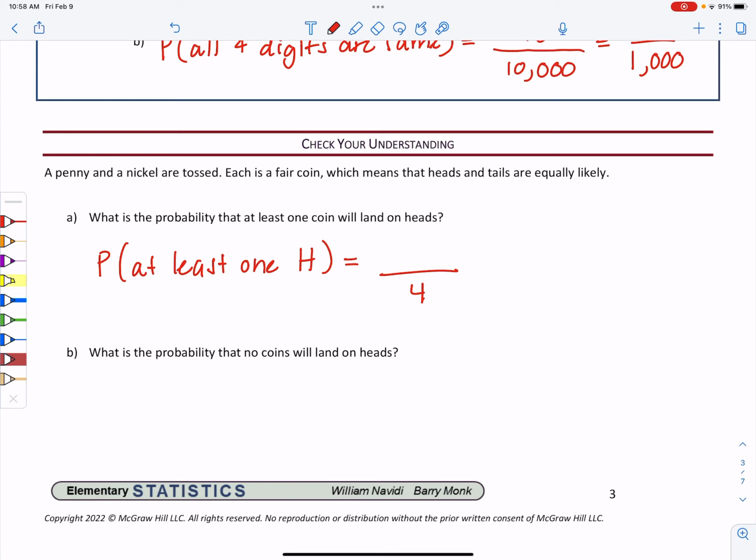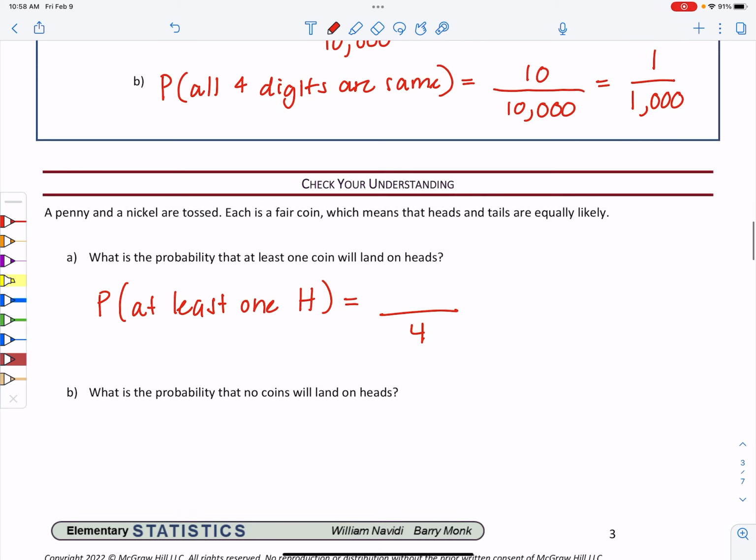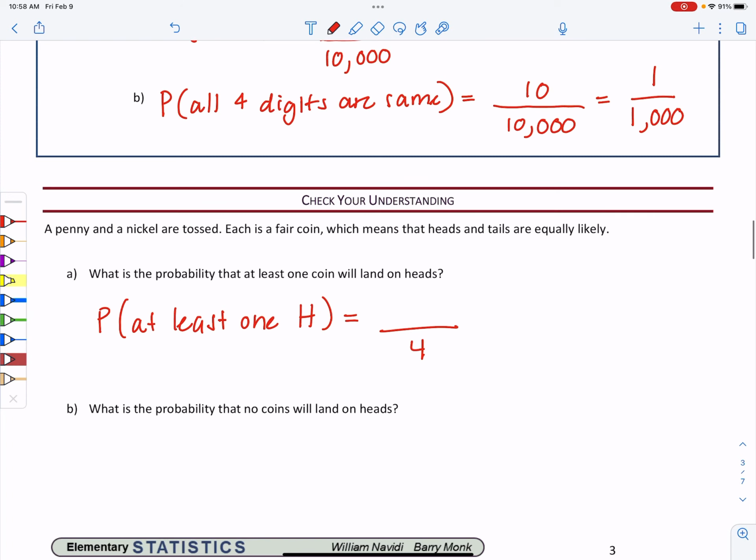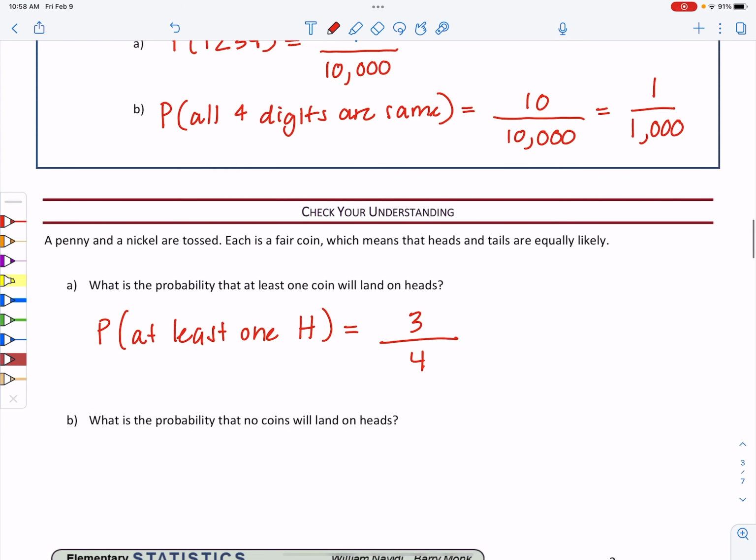We've got 4 total outcomes. The event that we're asked to look at here is what we did in part C. If at least one coin is heads, there's 3 different outcomes that are possible. And so the probability would be 3 out of 4.